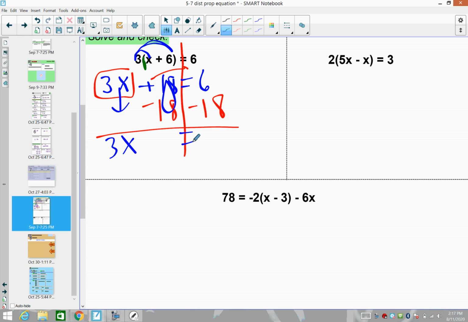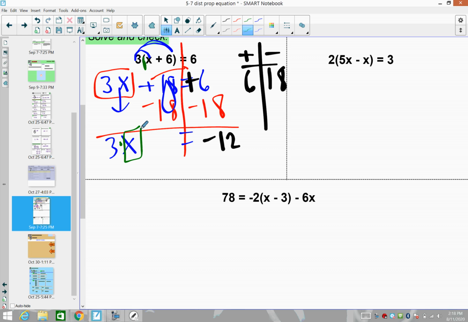And the right-hand side, if we tug of war this, we have 6 players on team positive, 18 players on team negative. The result of that is negative with 12 extra players. So we're not done yet because we don't know the value of x because x hasn't been isolated. So we're recognizing here that the operation is multiplication. We're going to solve for the value of x.